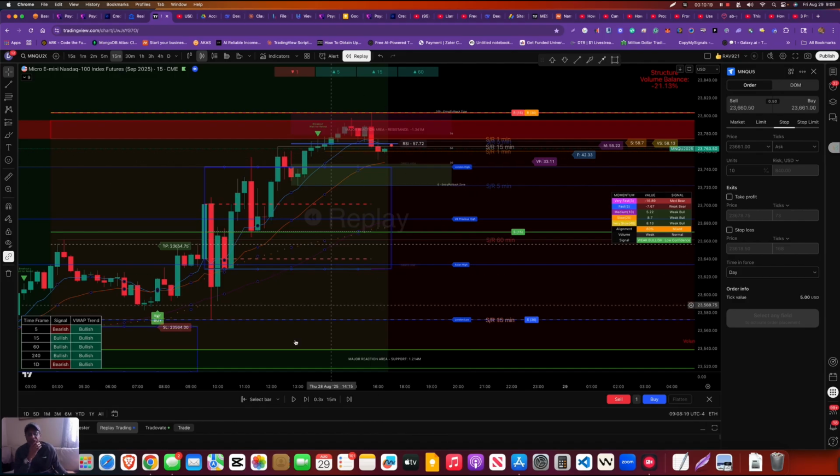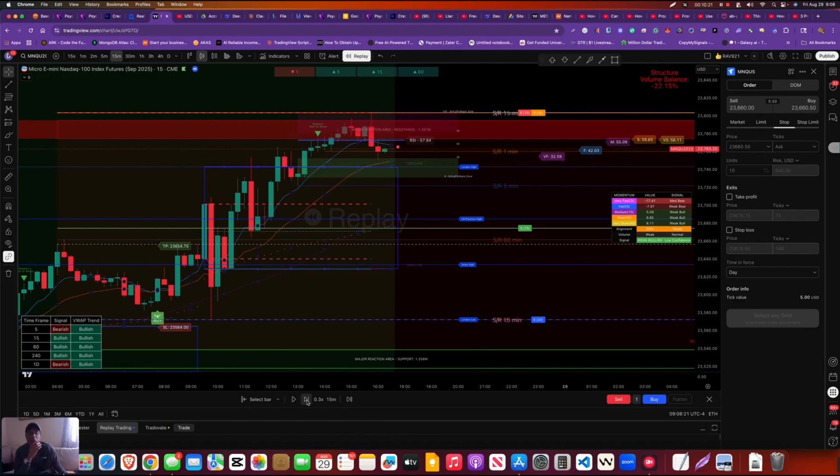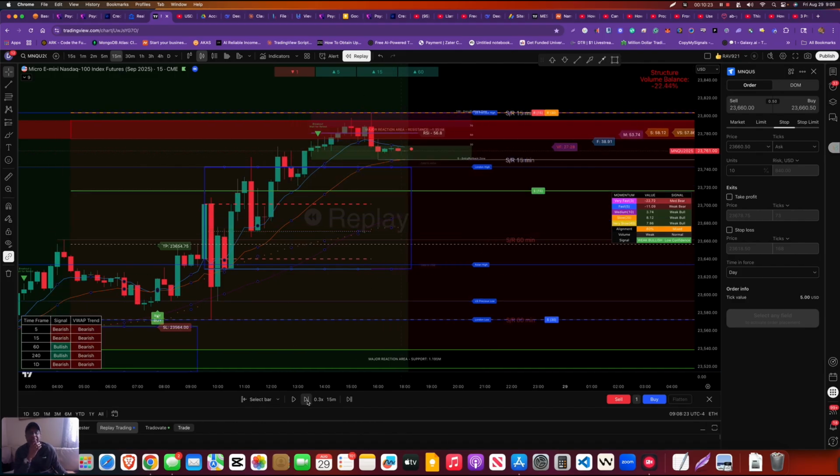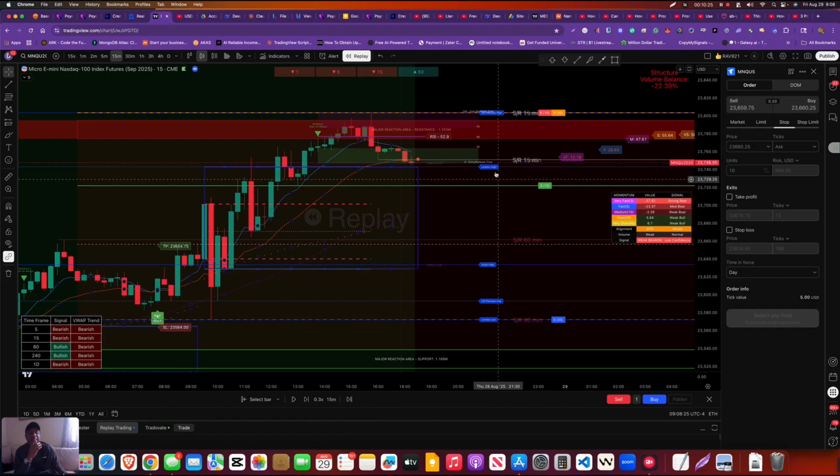So it's going to bounce here for a little bit, depending on the energy. So now the walls are broken and they're gone. So now it comes down to this 15-minute wall. So now we're getting a little more about what price wants to do.